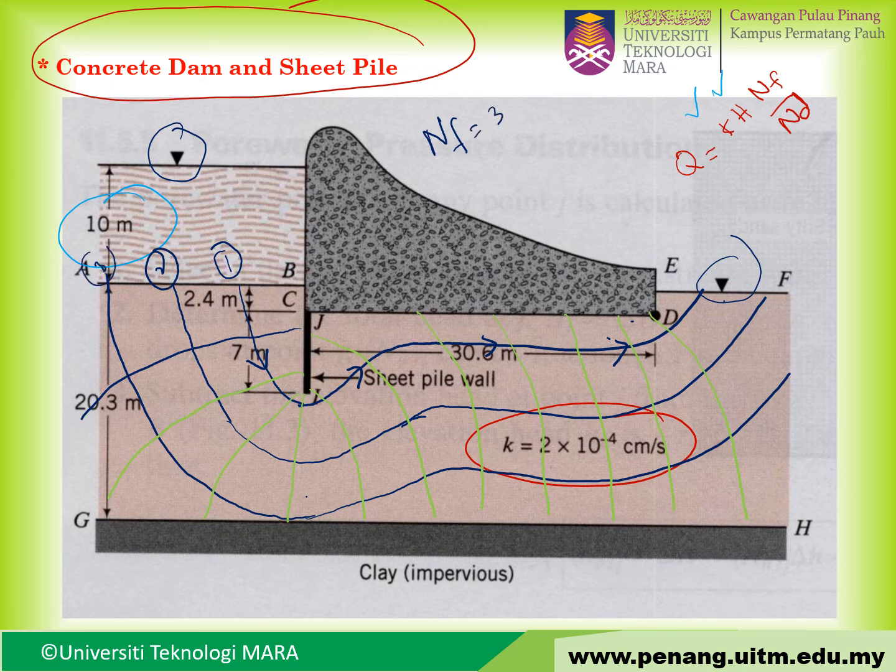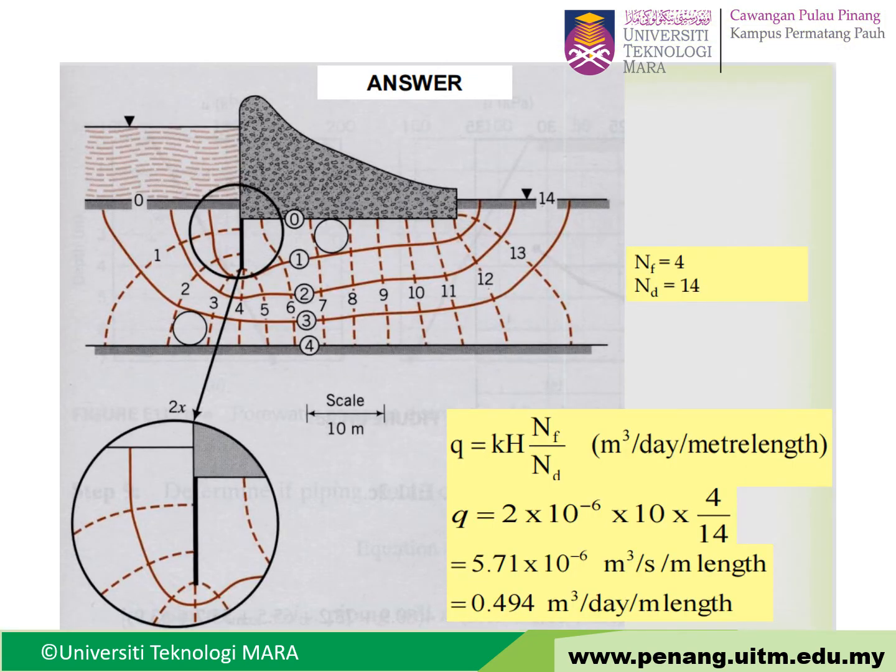So NF is 3 and ND depends on your drawing. For example, ND here is 12. So you just insert all the values. So you have K, H, NF and also ND. This is very simple. For example, just now in my drawing NF is 3 and ND is 12.